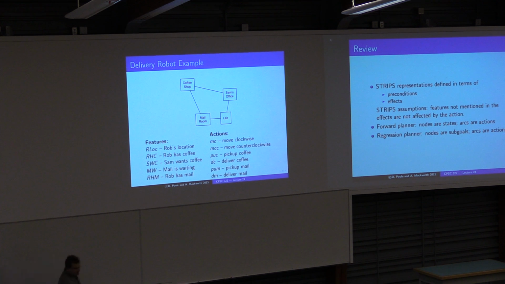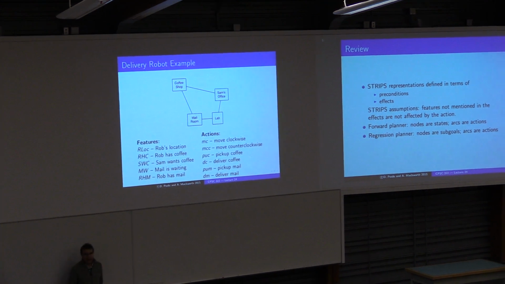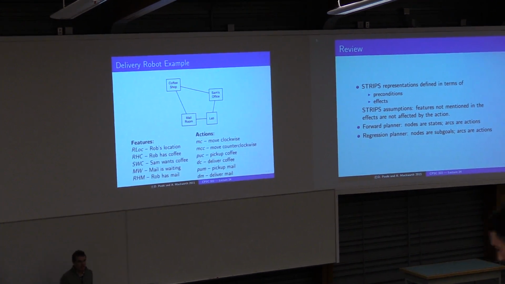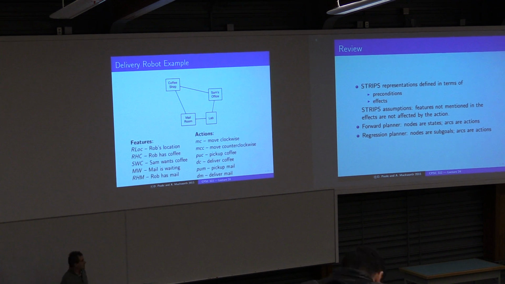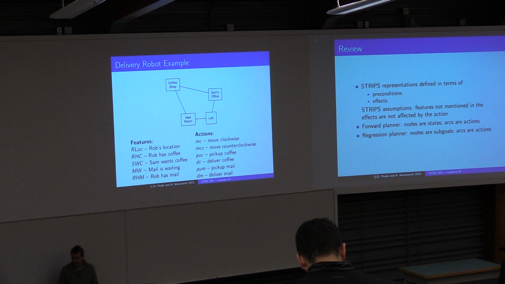So what we've been doing recently is talking about planning. We started off with the STRIPS representation that's defined in terms of preconditions and effects. The STRIPS assumption is that features not mentioned in the effects are not affected by the action. Then we had two planners.